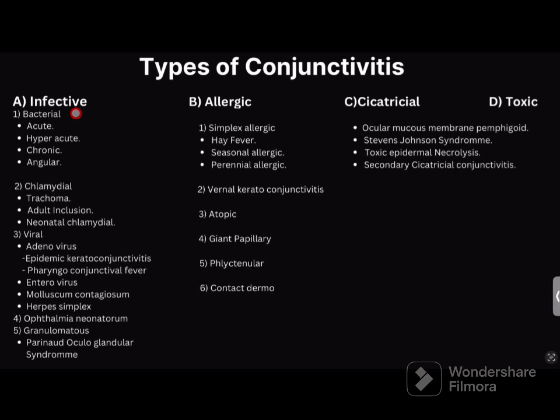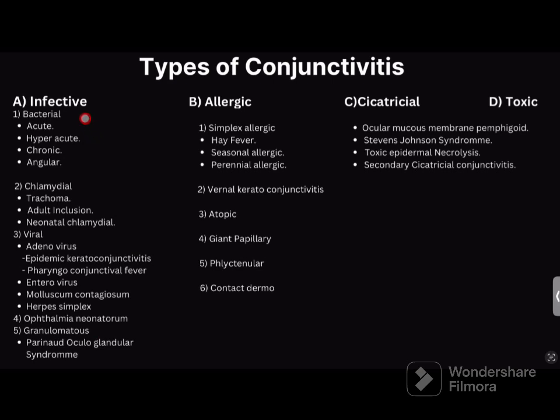If bacteria is the cause, then you will call it bacterial conjunctivitis. If chlamydia is the cause, you will call it chlamydial conjunctivitis. If virus is the cause, then viral conjunctivitis. Similarly, you have a separate entity, that is your ophthalmia neonatorum, and the last one is your granulomatous conjunctivitis.